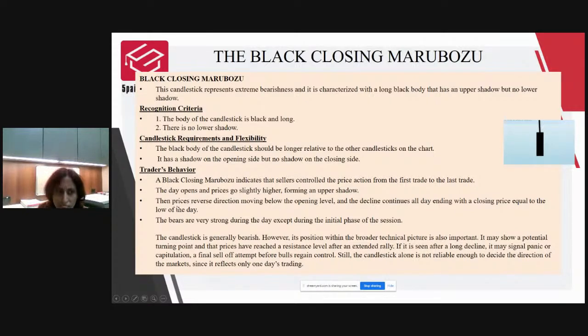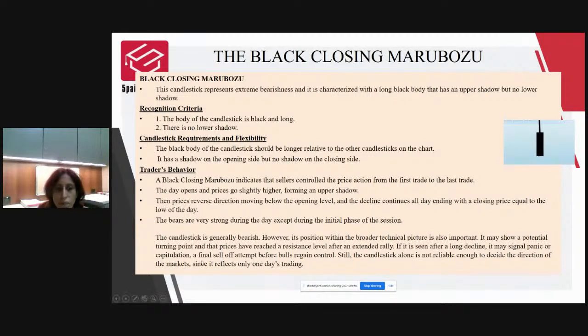Then price reverses direction, moving below the opening level, and the decline continues all day, ending with a closing price equal to the low of the day. Which means what? Even at the close of the day, the market sentiment is still bearish. Right?